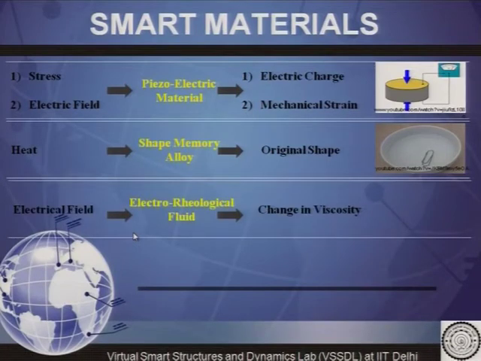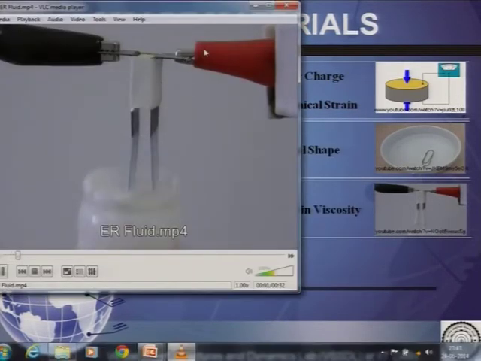Next type is the electrorheological fluids. In these materials, when an electrical field is applied, they change their viscosity. Let us watch this video. When the electrical field is not applied across these electrodes, the fluid is just flowing.